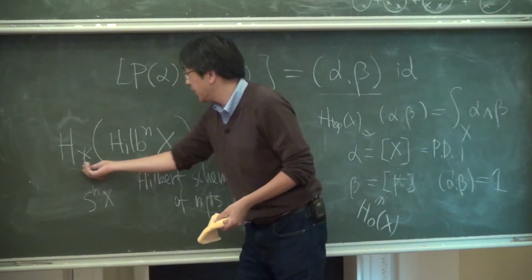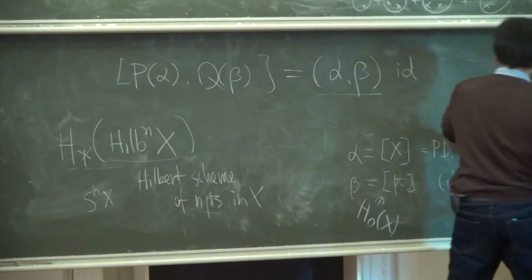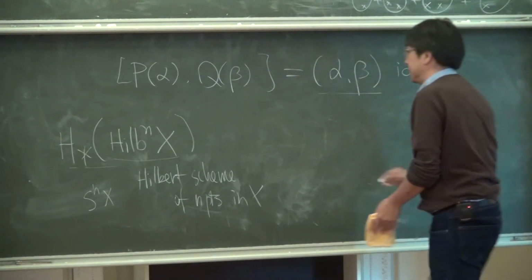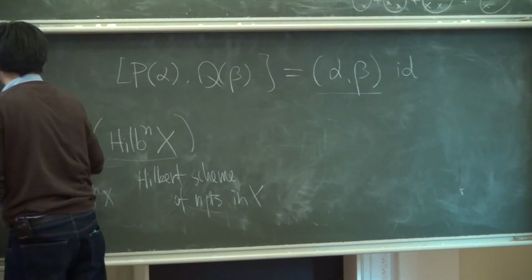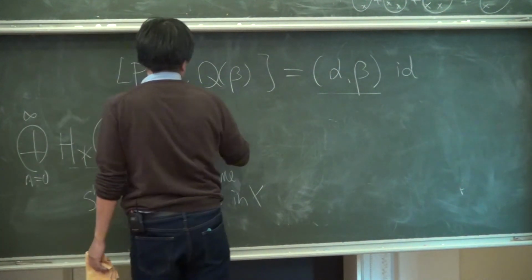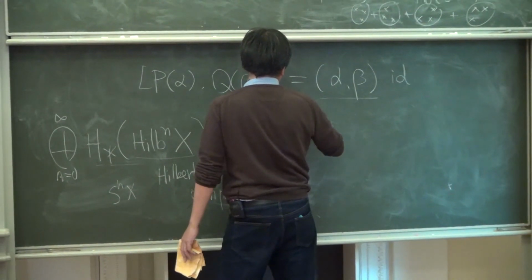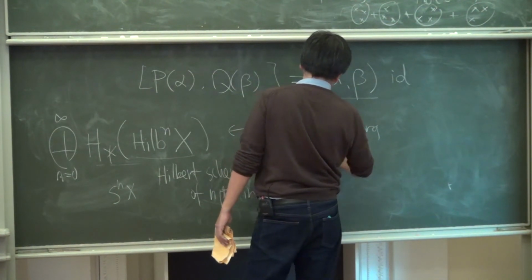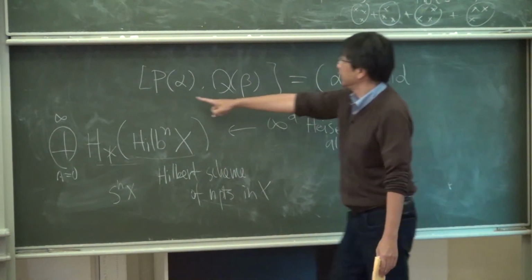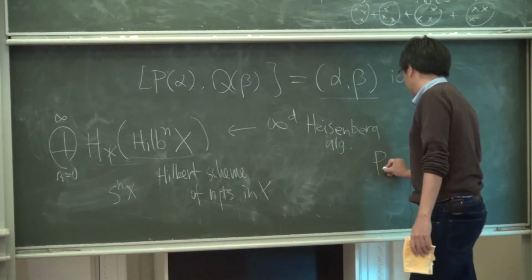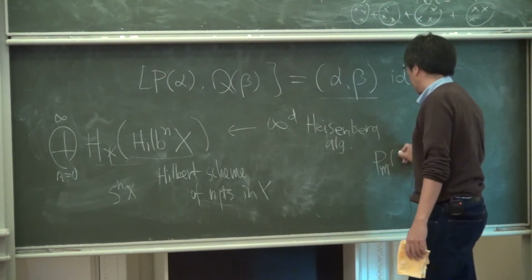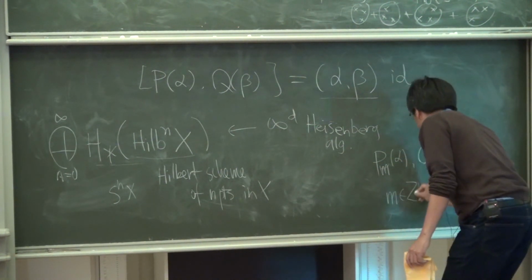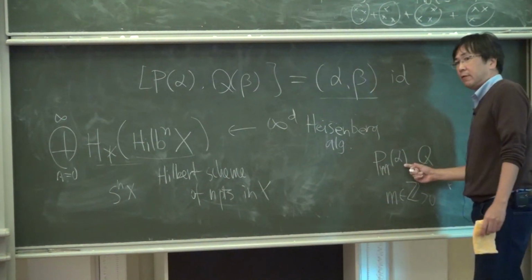Here, I will construct a representation of the infinite dimensional Heisenberg algebra. That is, instead of this relation, I get, for each positive integer m, operators Pm of alpha and Qn of beta.